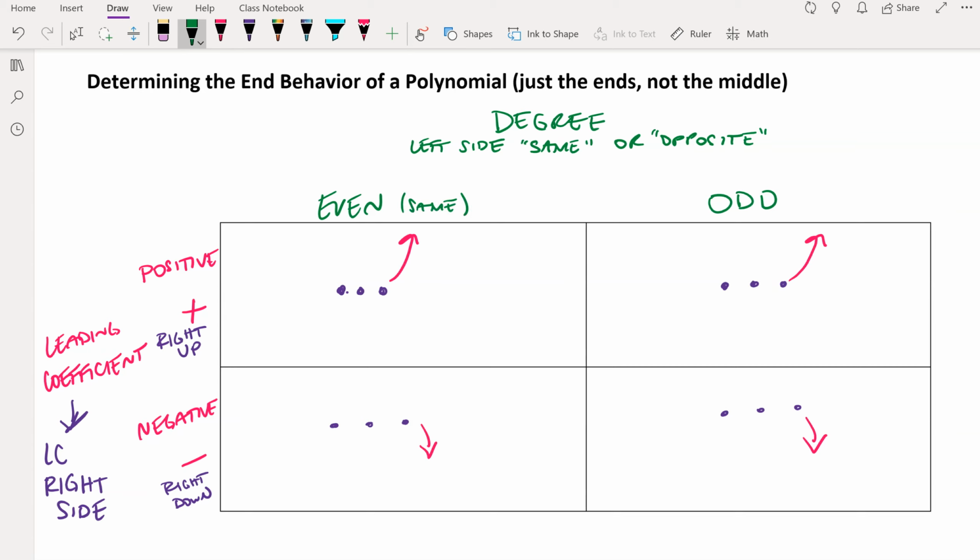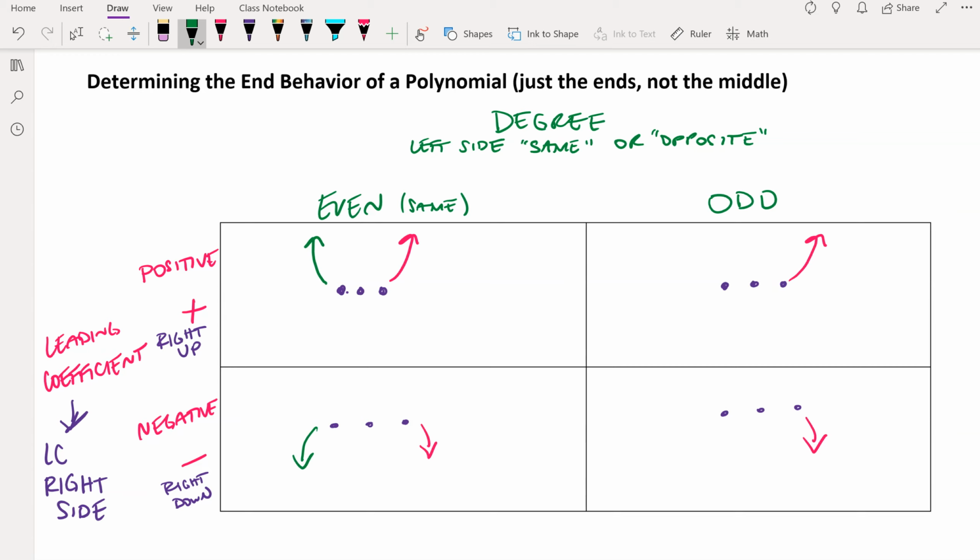So that means that in this situation, where the right side goes up, if the degree is even, your left side's also going to go up. And then in this situation down here, our right side is going down. So because the degree is even, we have to go the same direction, right or left side down.